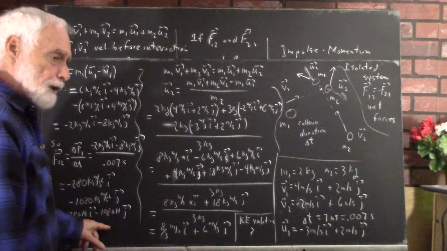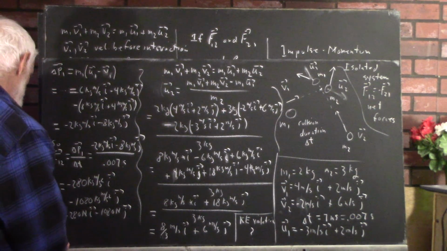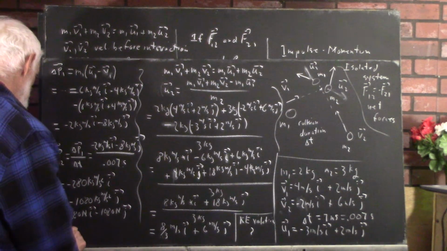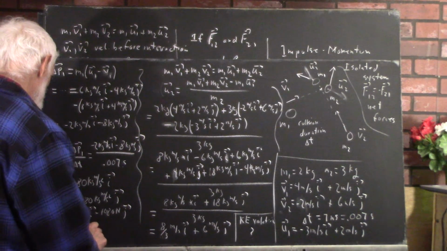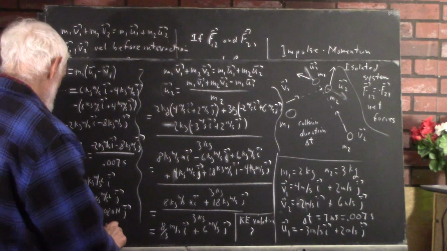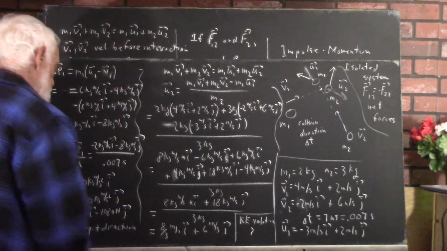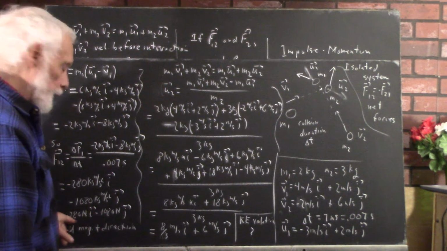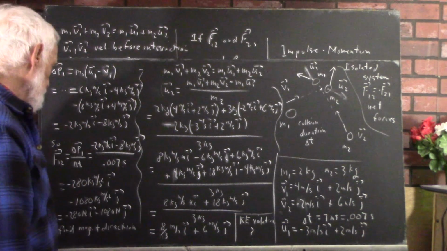Now we can find the magnitude and the direction. We just use the arctangent to get the direction with respect to the horizontal.